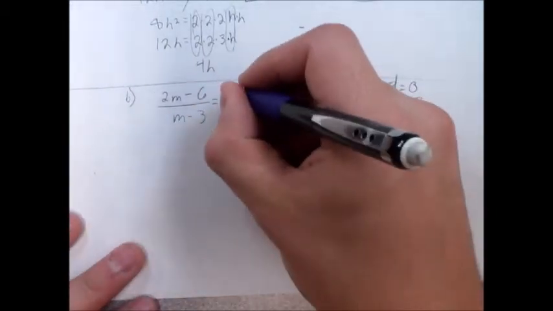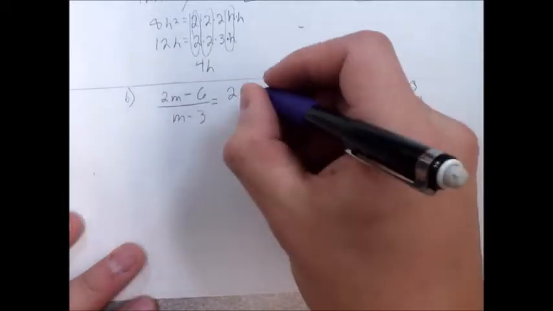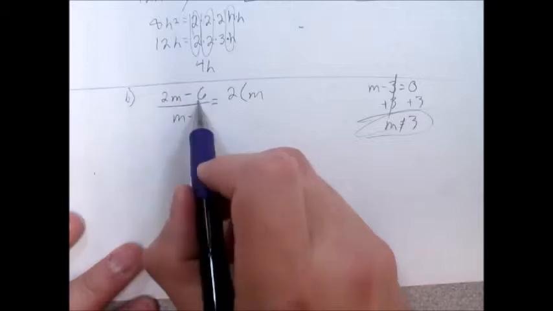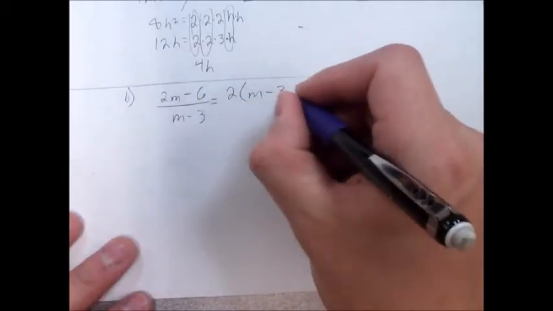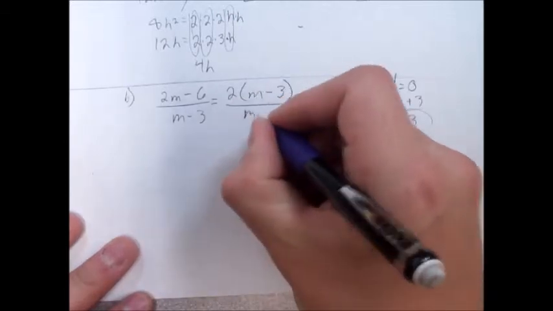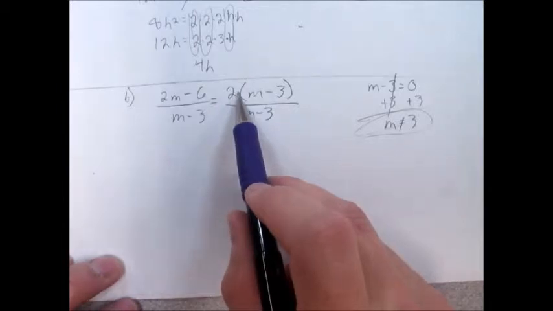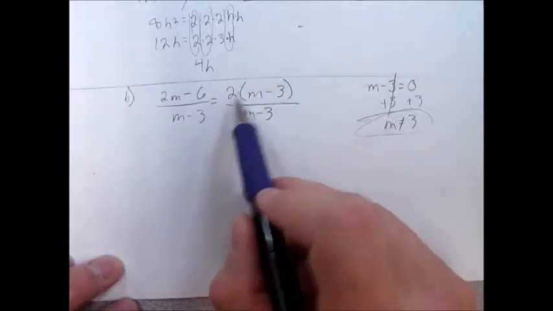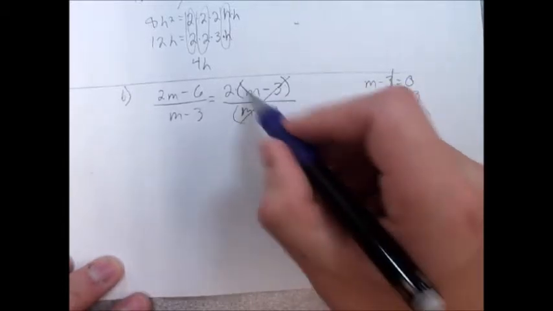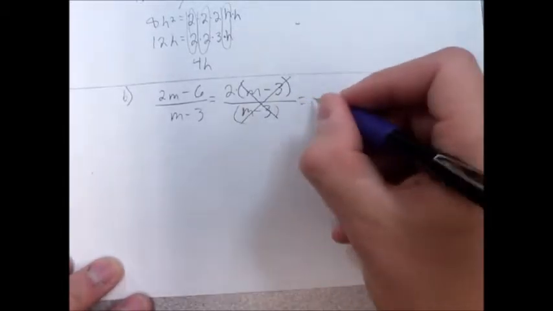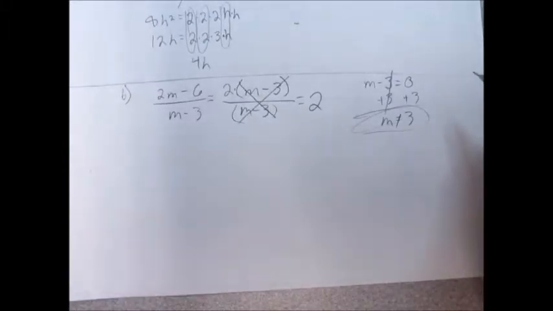So when I factor out a 2 or divide it out, I get 2 divided by 2, which is just 1. 1 times m is m. I get 6 divided by 2, and it gives me a 3. Boom. I can only cancel when there's multiplication. Again, I can only cancel when there's multiplication. So this is 2 multiplied by this entire thing. So I can cancel out this entire thing. I'm left with just 2. Cool?